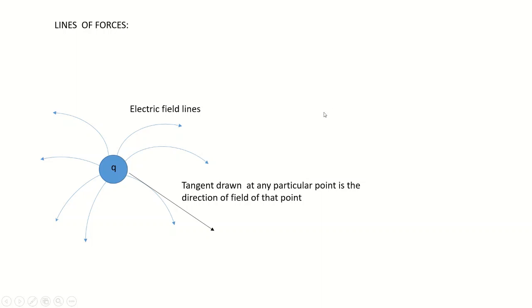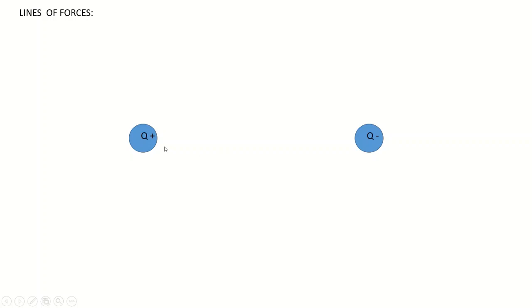Now, coming forward, we have to study the properties of the electric field lines. Before that, as I have shown, a plus q charge and a minus q charge have been placed.